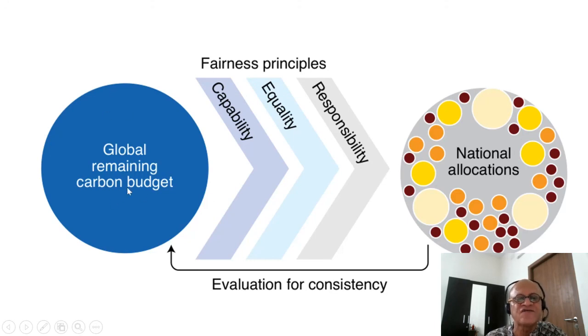So the idea of global remaining carbon budget has to be considered with national allocations, which is now a democratic operation where each country is voluntarily submitting plans, and then the verification, monitoring, and reporting process is supposed to start, I think, in 2023, and already there is talk of submitting revised plans with higher commitments for carbon reduction and so on.